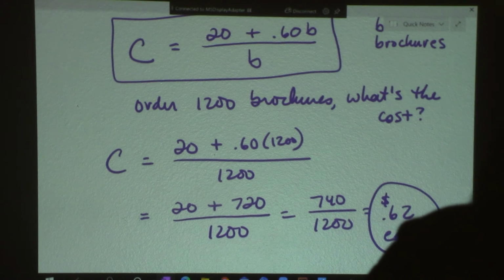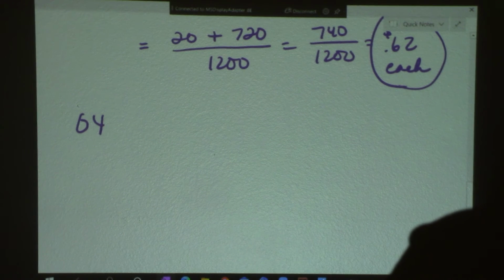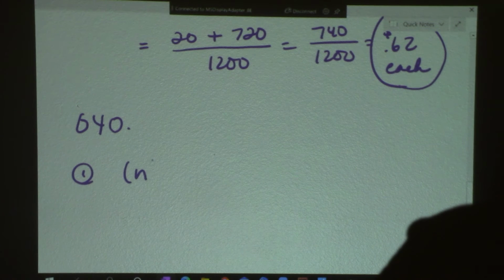So I want you to do 2 OIOs. The first one is n squared minus 6 divided by -3 plus n.